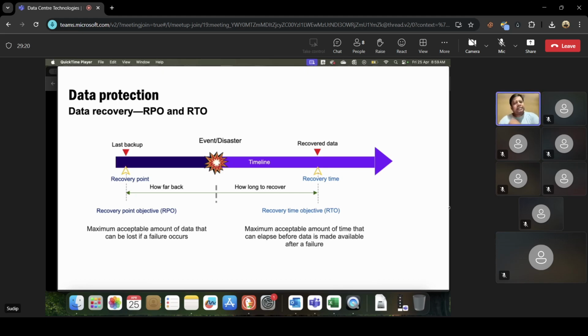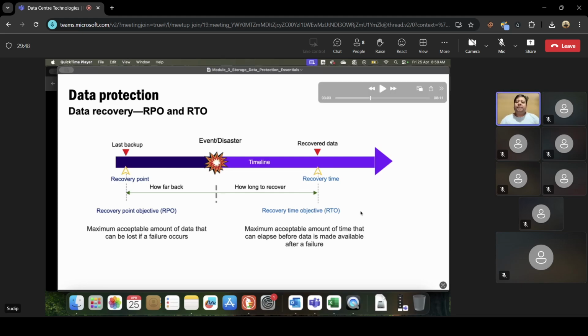Right. Yesterday we were here. We understood what is RPO. We understood what is RTO. We understood that RPO is a point in time in the past, RTO is a point in time in the future, if you take T0 as the time when a disaster would happen. So ultimately, when we are recovering the data at this point in time, the data will look as if it was at this point in time.